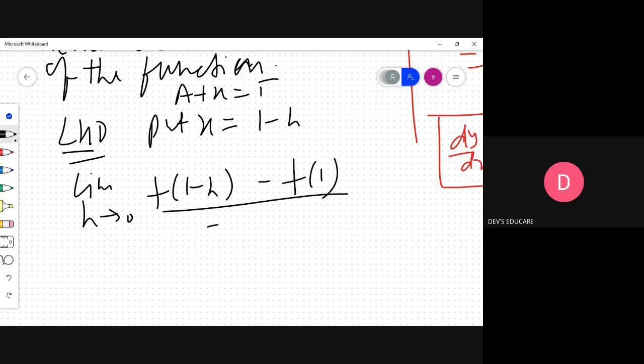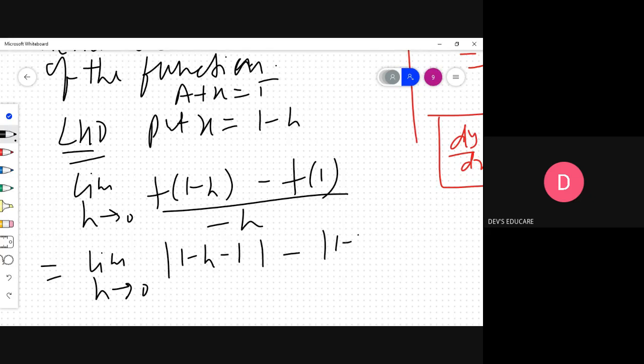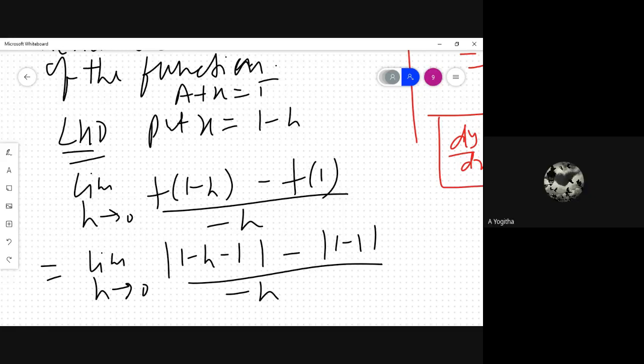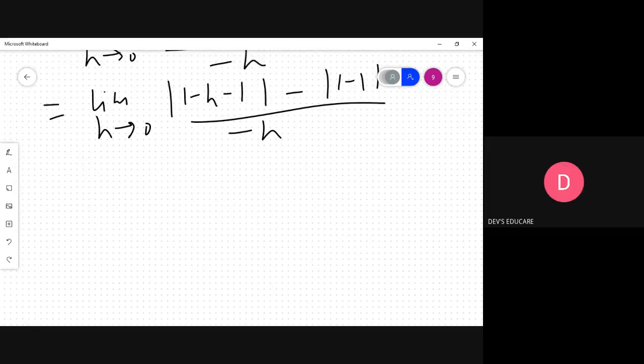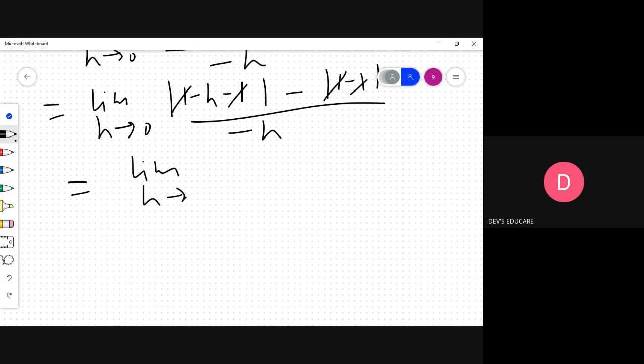So this is limit h tends to 0, the function is mod of 1 minus h minus 1, minus mod of 1 minus 1, upon minus h. Got it? Yes, sir. So h upon minus h gives you minus 1. So this is minus 1.